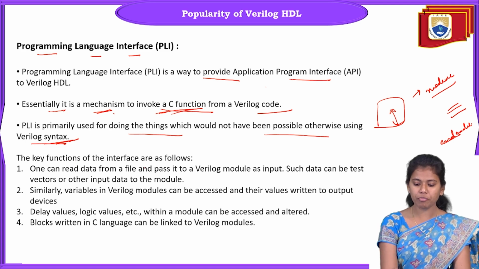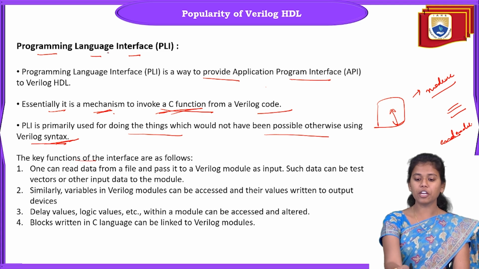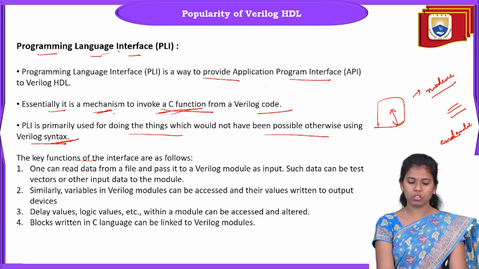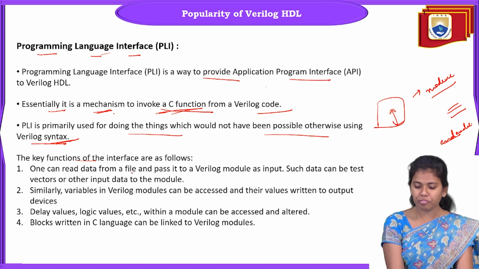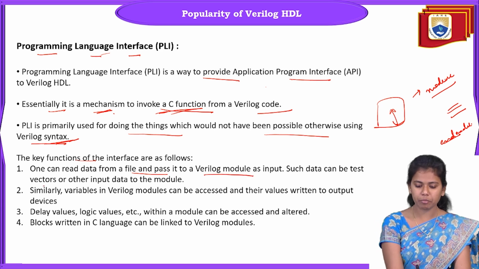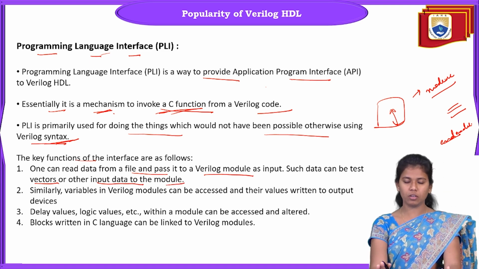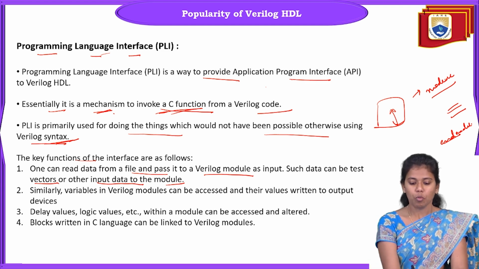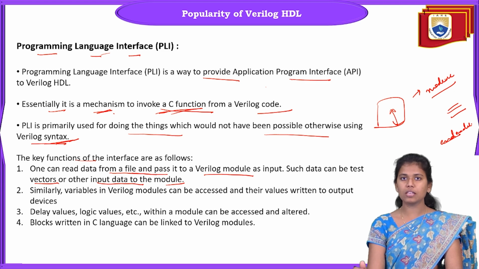Okay, so the key functions of the interface are as follows. These are the key functions for interfacing the programmable languages. One can read data from a file and pass it to a Verilog module as input. Such data can be test vectors or other input data to the module. So the first and foremost thing you have to remember is that one can read data from a file and pass it to the Verilog module as input.